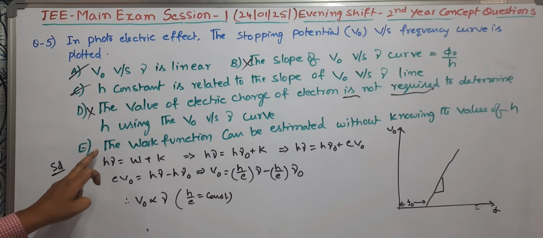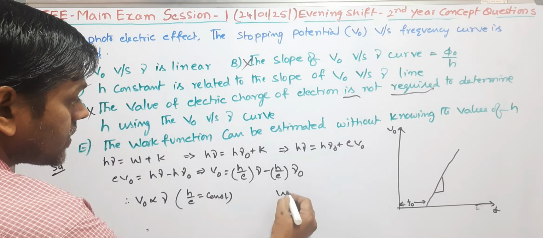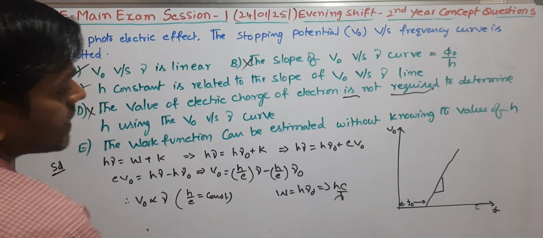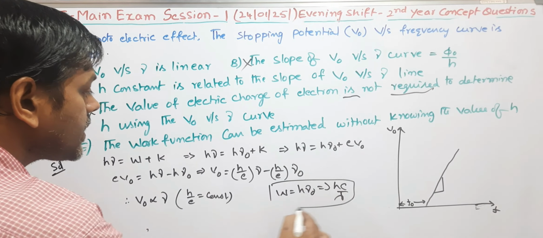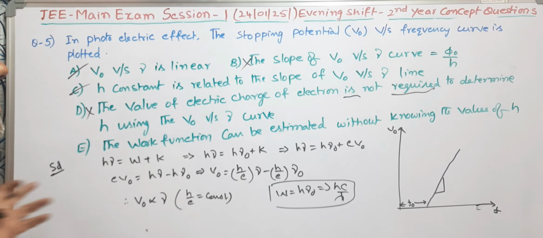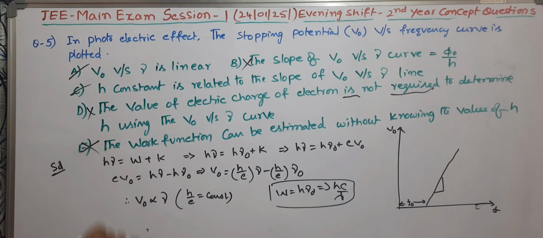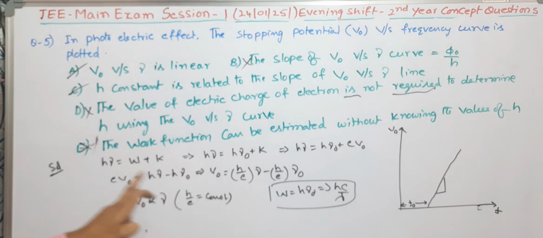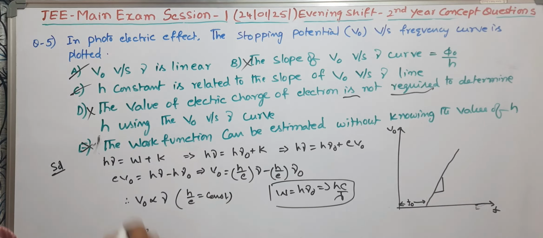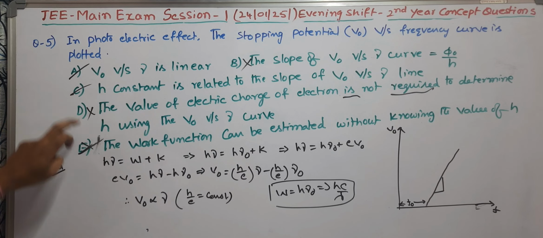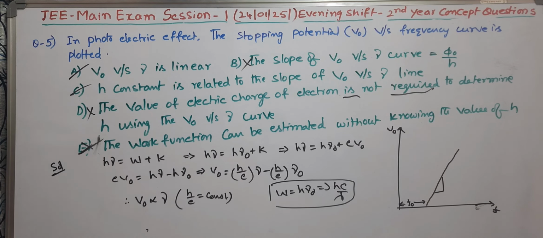You know, you want to calculate work function, which is h nu naught, equal to h c by lambda. So, while calculating work function, you must have the h value, otherwise it is not possible. So, this statement is also not right, sorry, it is okay, since it says can be estimated without knowing, so it is also right. So, from these options, A, C, E are the correct options for this question. Okay, right.